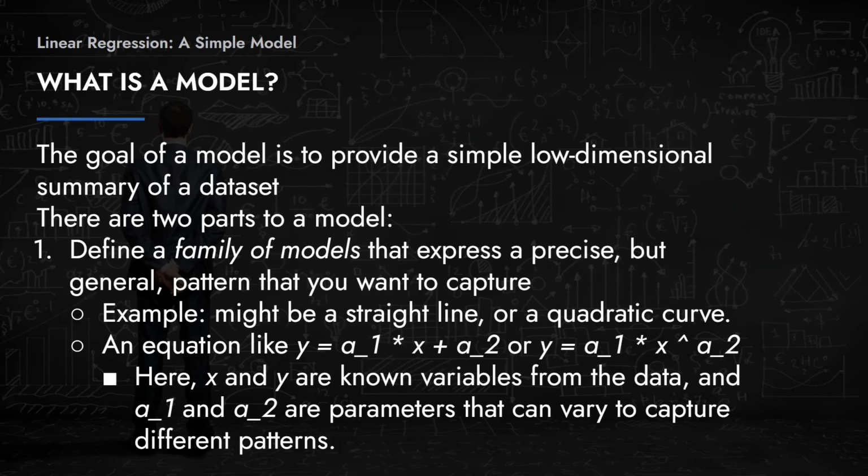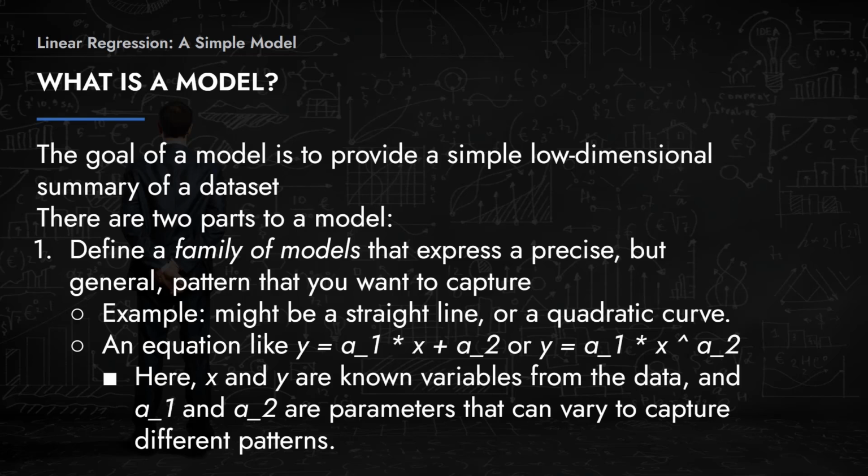So the goal of a model is to provide a simple, low dimensional summary of a data set. It's essentially a mathematical summary, although it doesn't have to be mathematical, right? Not all machine learning algorithms are mathematical or parametric. But it's a summary that you can replicate easily without having to recreate the exact data set.